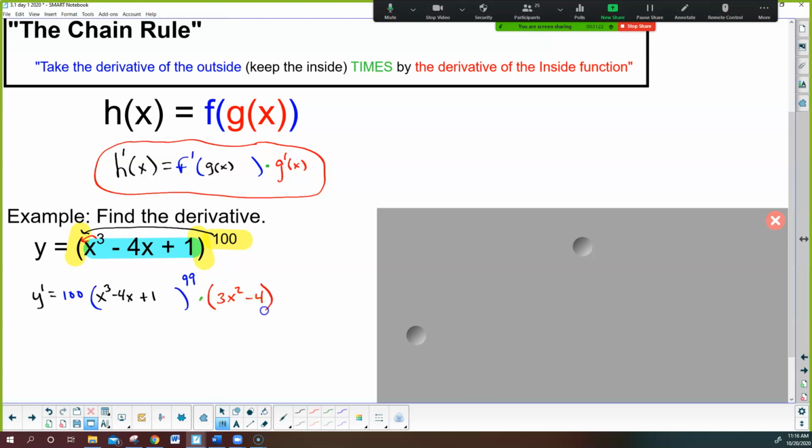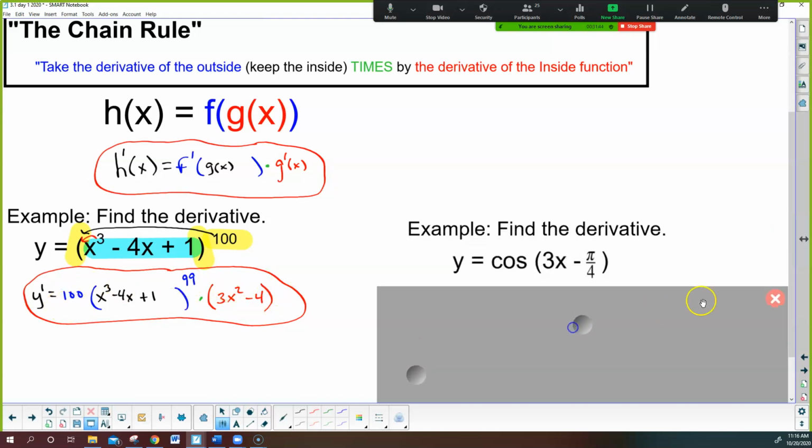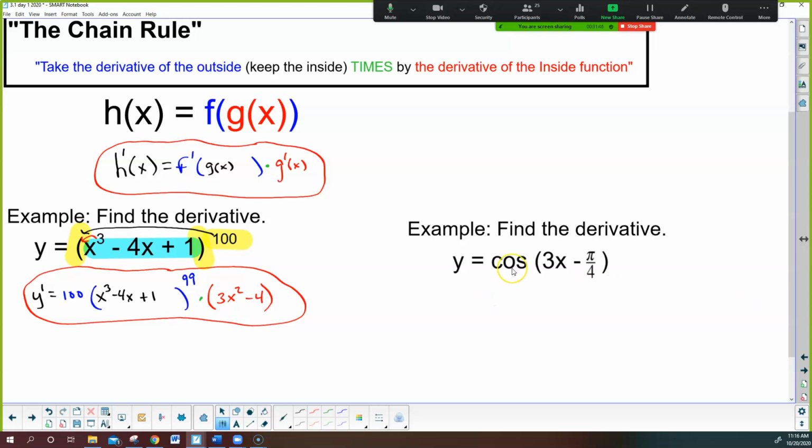You need to have parentheses if there's more than one term on this derivative. So these are things that I'm looking for on a test. If you didn't have parentheses, you would probably get a point off right there. All right. Now, I'm going to leave it like this because there's not a lot of friendly stuff to simplify. All right. Let's have you guys write this one down.